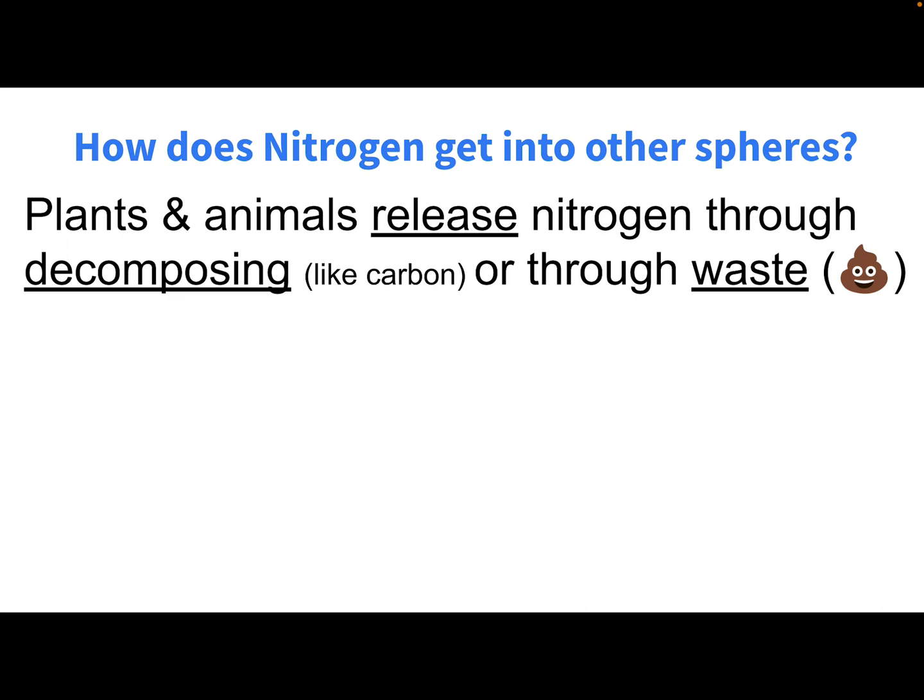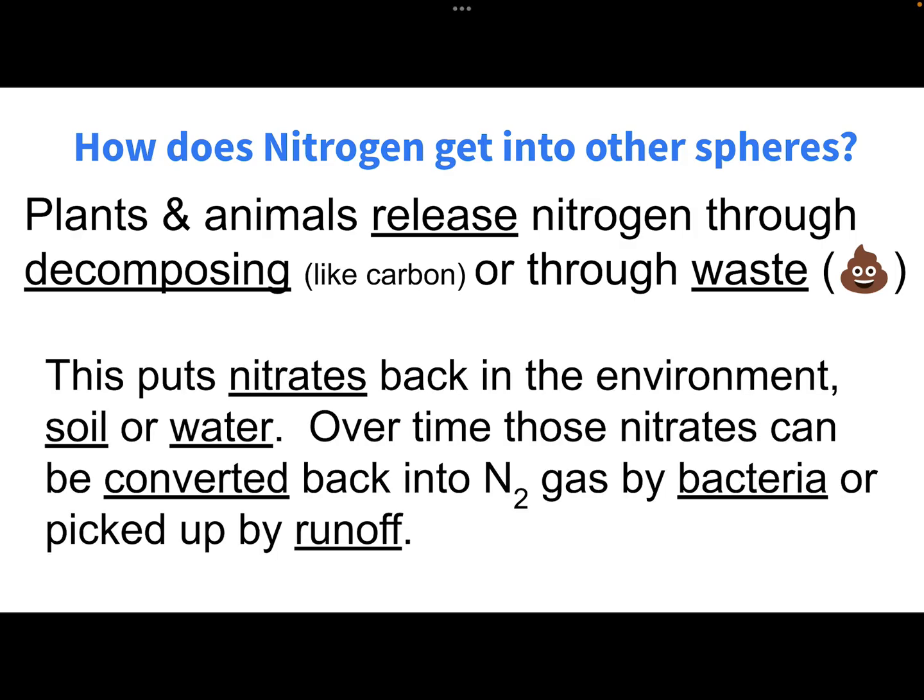So by that decomposition process, that can take plants and put the nitrogen from the plants back into the soil so that other plants can absorb it. The second way is through waste, which, yes, is kind of gross. So this is through human waste or animal waste that can actually return some of that nitrogen into the geosphere.